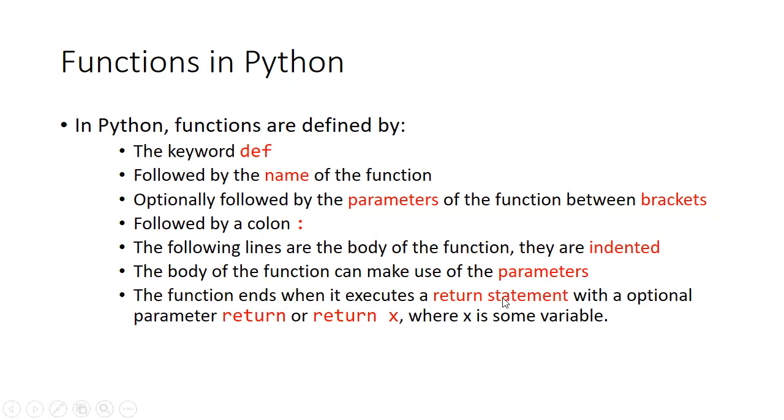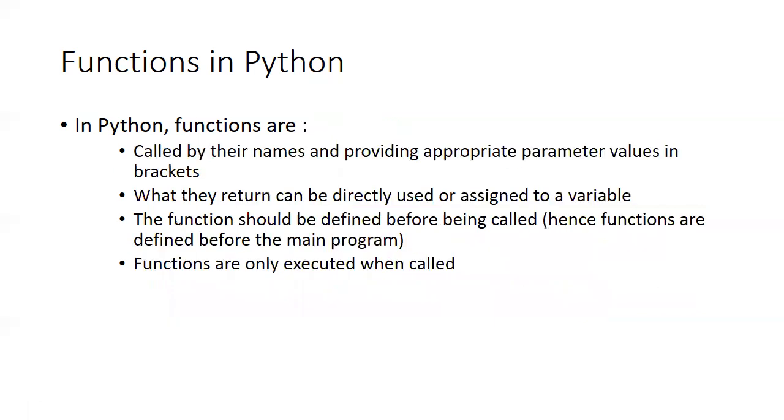There I mentioned parameters. One thing that I haven't mentioned is a return statement. At the end of the function, you will do a return, which will mean you end the function. Now, with the return statement, you can add the name of a variable or some number or whatever, in which case that will be output from the function. The function can output a value.